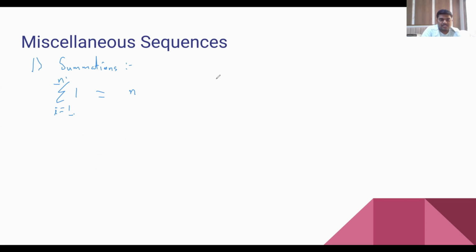So this is the first summation. The second summation is summation i is equal to 1 till n, and this is i, not 1. So this means nothing but the summation of first n natural numbers.